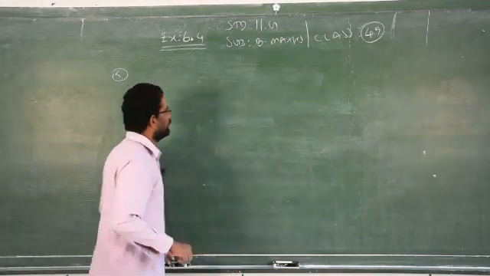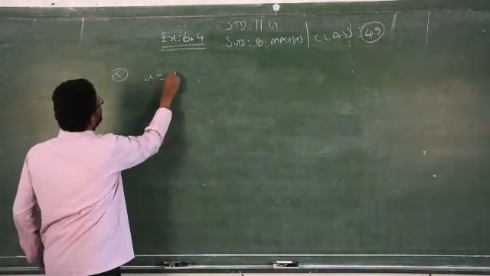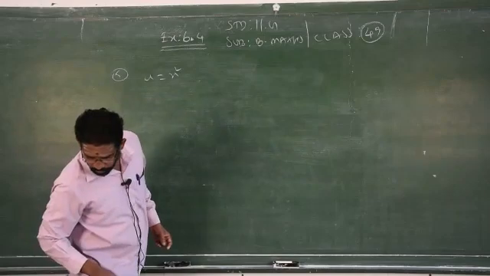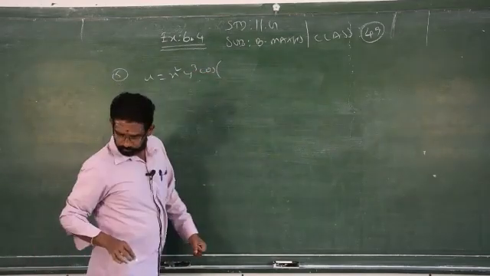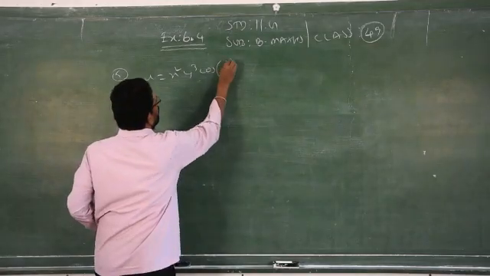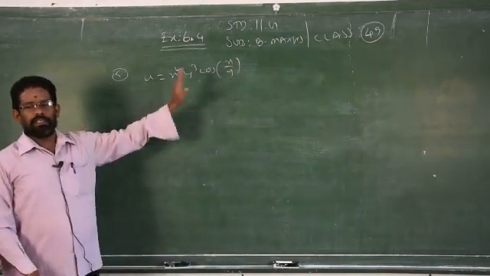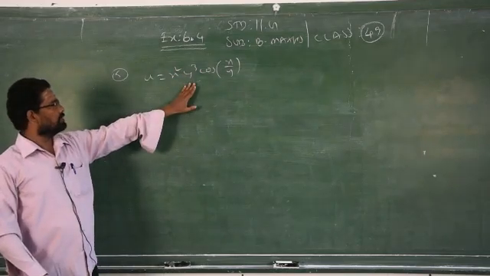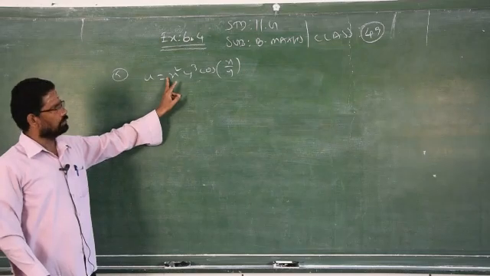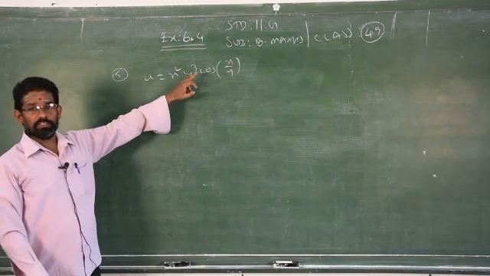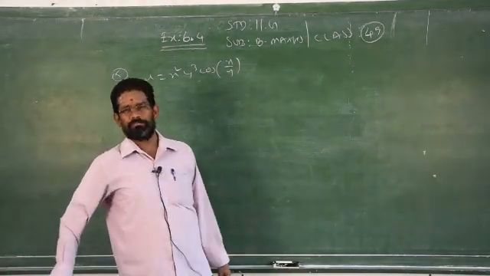So first you have to check whether the function is x² y³ cos(x/y). You just have to check whether it is homogeneous or non-homogeneous. It is homogeneous, because the ratio is there, but it's inside, after the variables you have cos.